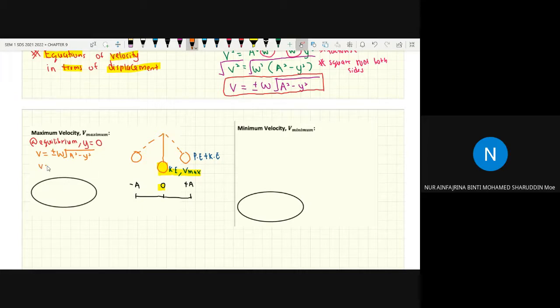So you will get V equals plus minus omega square root of A squared minus zero squared. Therefore, you will get your maximum velocity as plus minus omega A.